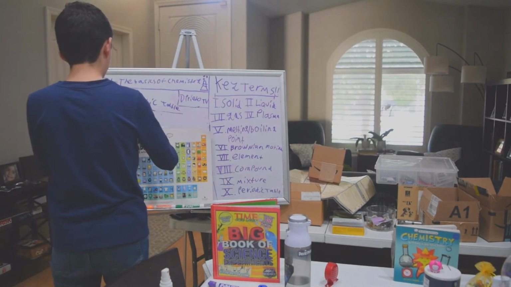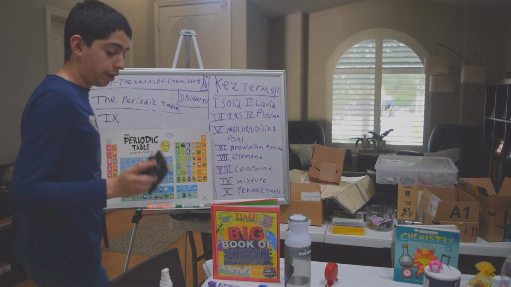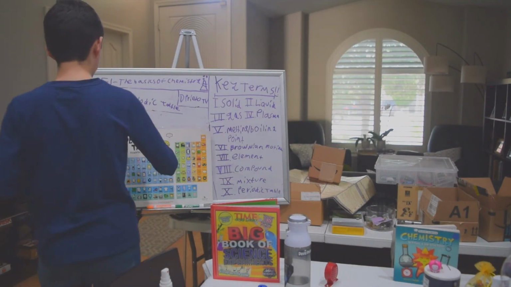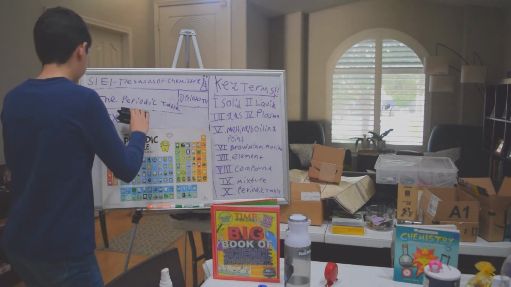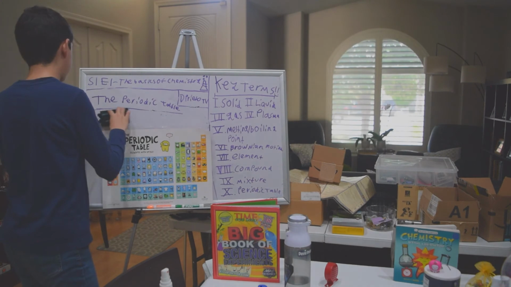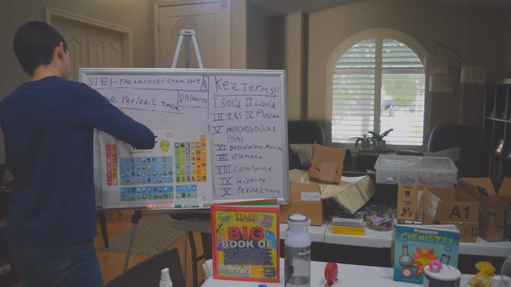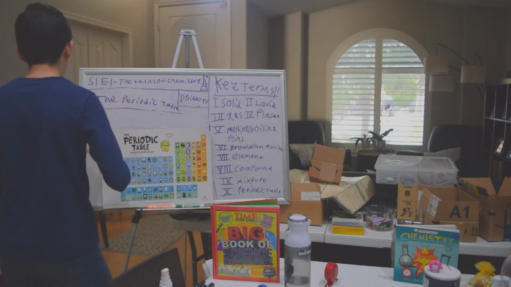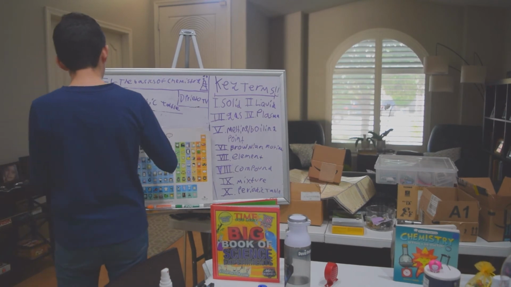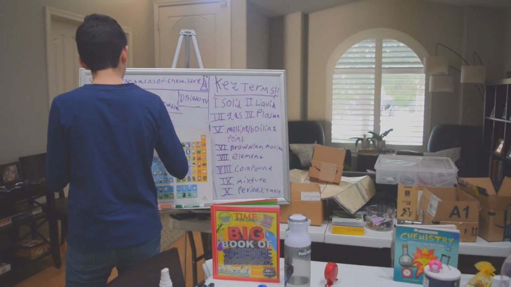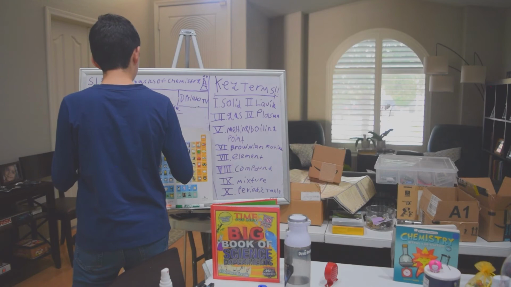Okay, so the category below it, which I do not have an example for, you'll see why. The next element category is the actinides.